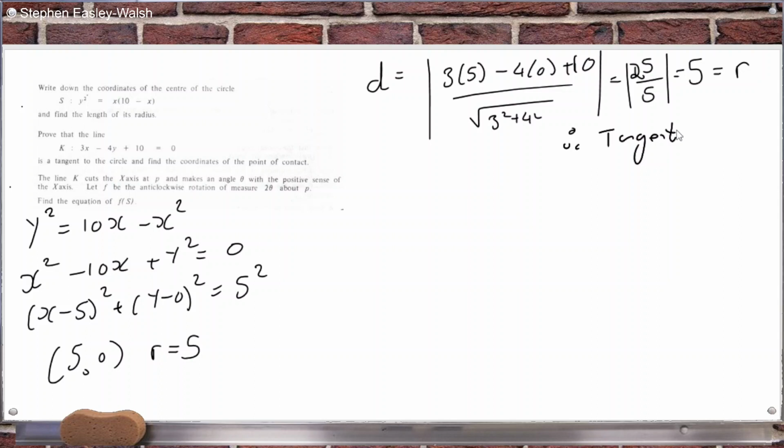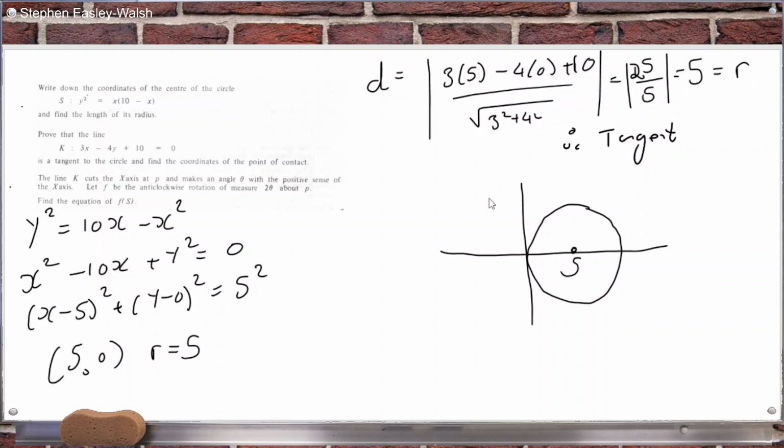So we could solve as a simultaneous, but it might be easier to do something else here. I'm just going to have a quick sketch. So interestingly, 5, 0, so it means the circle would be just like that. And 5 is there.